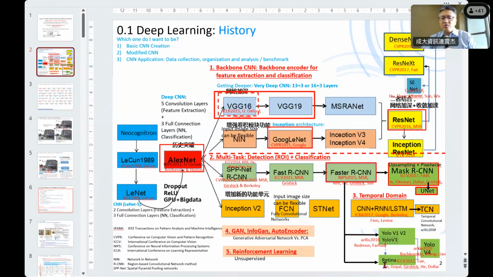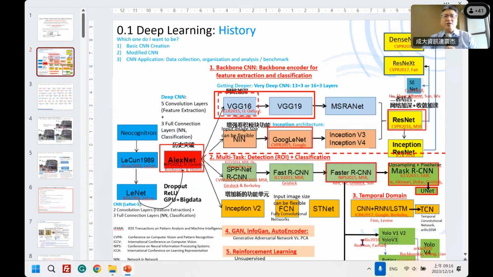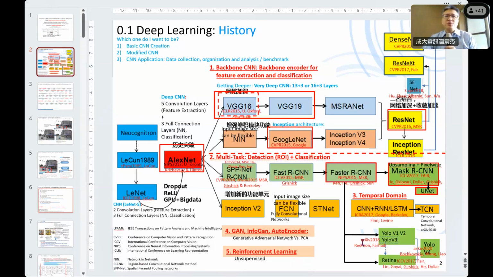And the other direction is RetinaNet. The accuracy is very high compared with YOLO, but the speed is a little bit slow. Actually, the speed for RetinaNet is still around 30 frames per second, so it's good enough. YOLO is probably faster, like 60 frames per second.